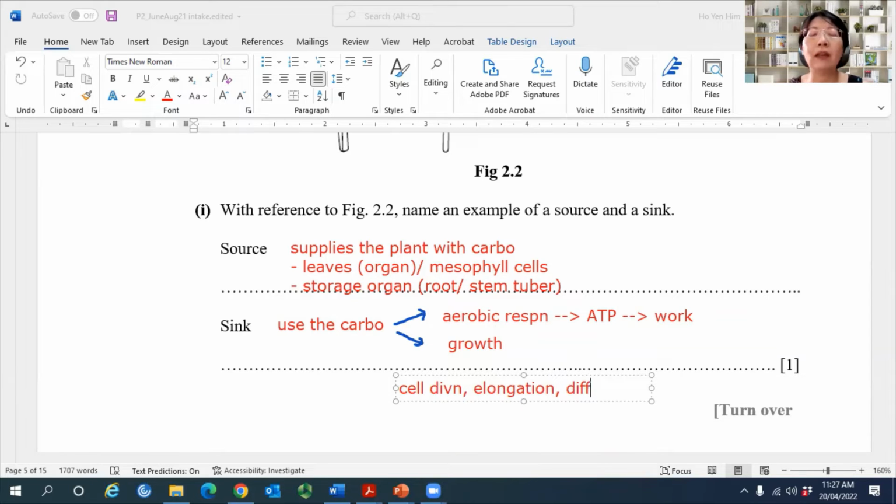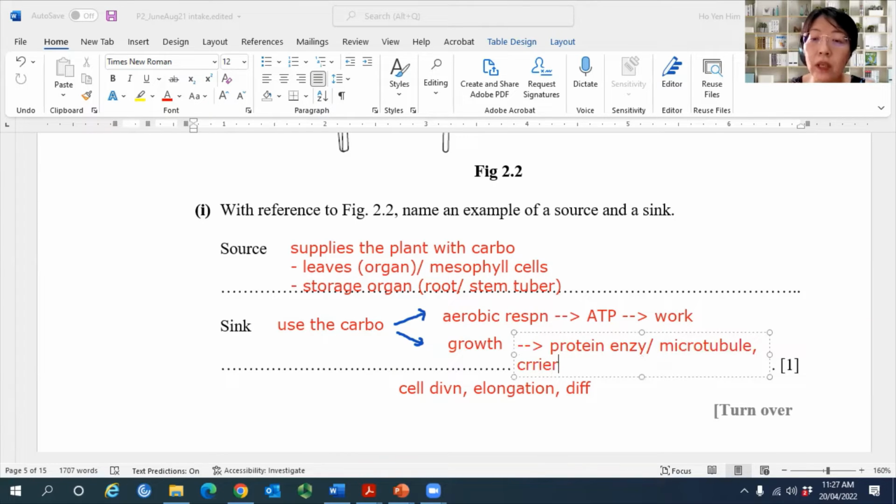A lot of processes are involved. Which part will need the carbohydrate? Of course, when you want to produce new cells, you need to produce protein, which acts as enzyme, or protein which acts as microtubules, carrier protein, channel protein. So these are all the transport proteins, right?